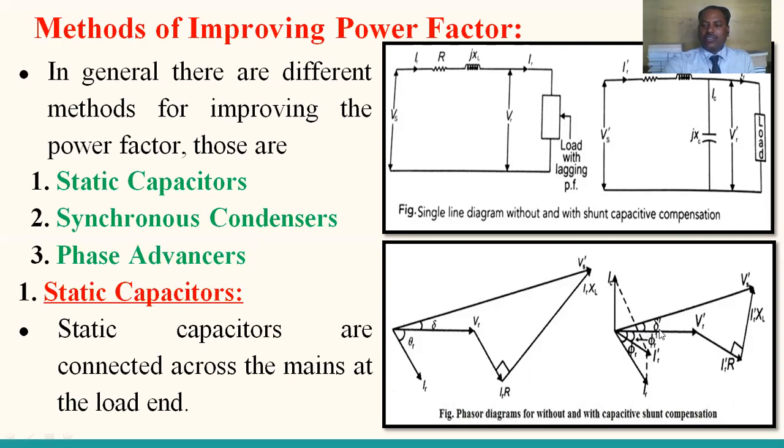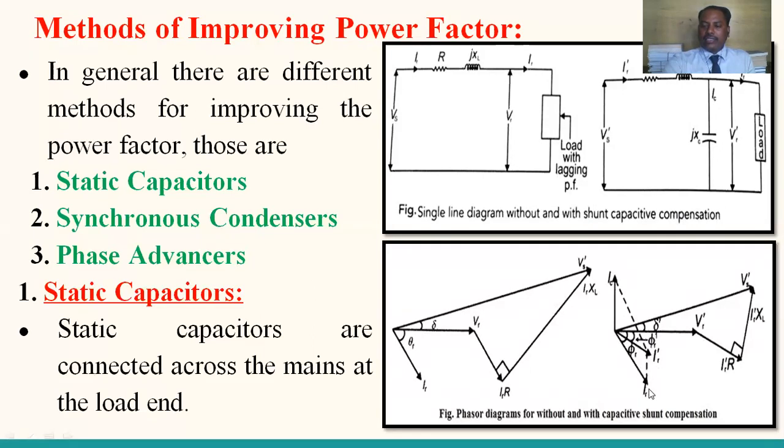That is the reason it is indicated exactly perpendicular to the voltage. The capacitor current is leading in nature, and the load current is lagging in nature. So the resultant current can be drawn according to the parallelogram principle.